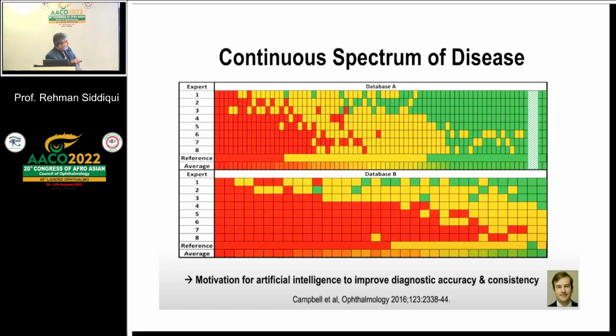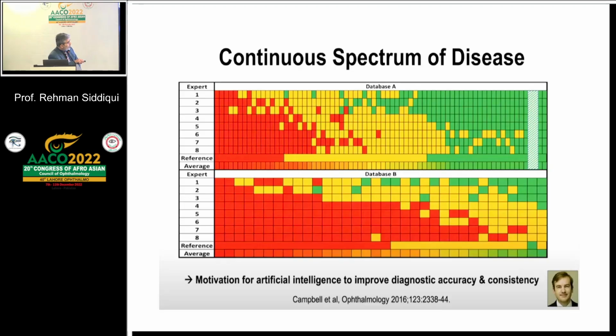Then you move to somewhere in the middle, where somebody has said maybe disease, maybe not disease, and the reference standard is maybe. Then you come to this area, where it is green and green, and this is the average color for this image, same as with the other database.